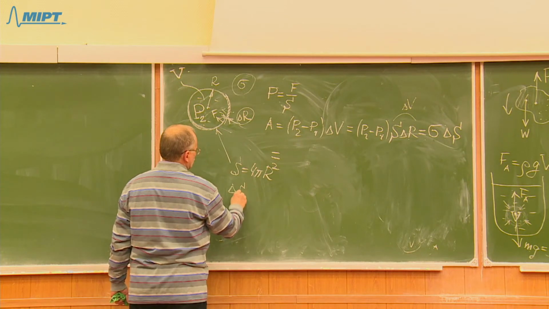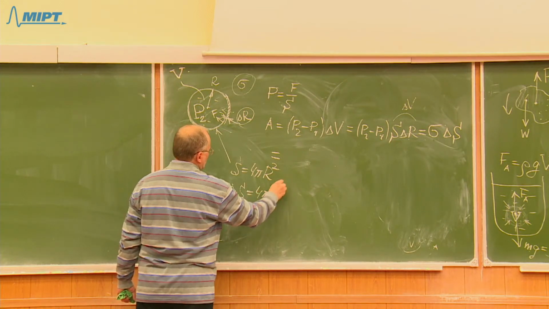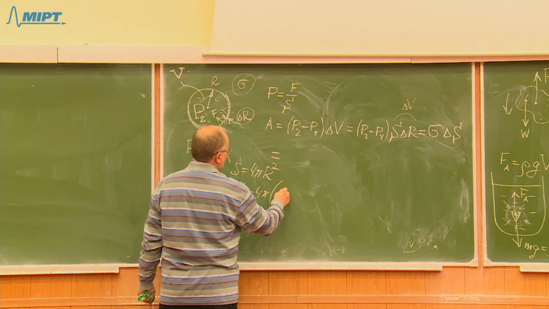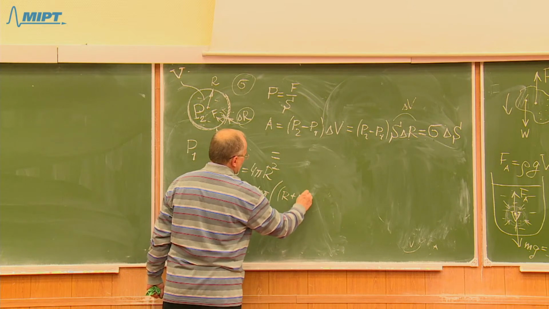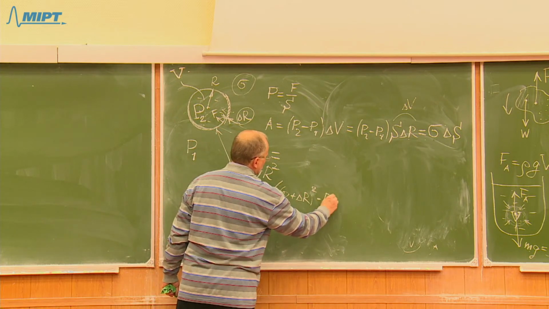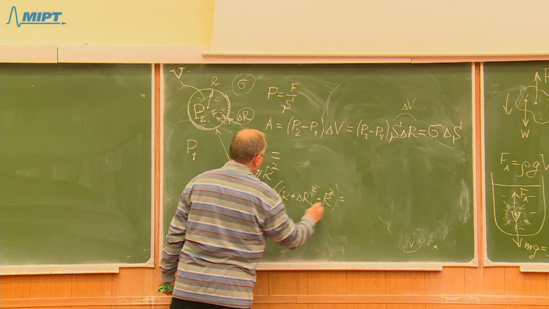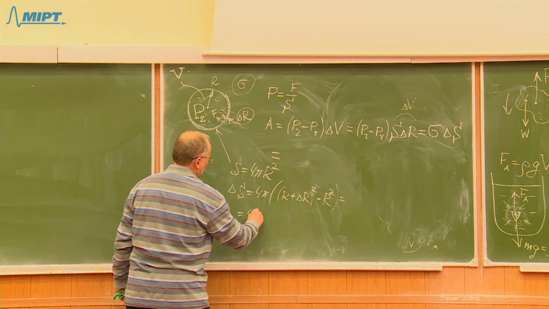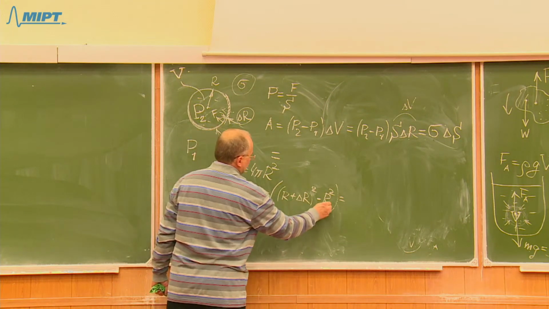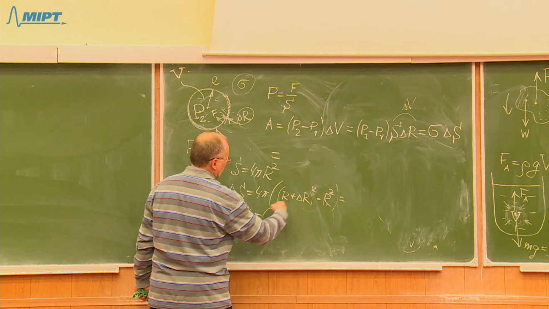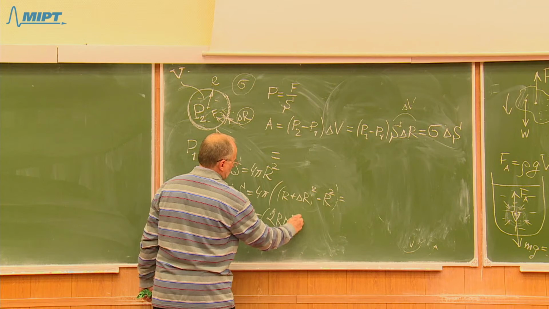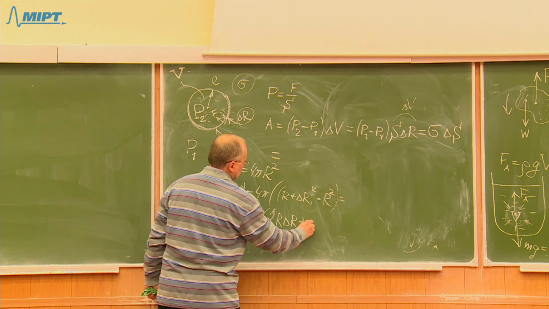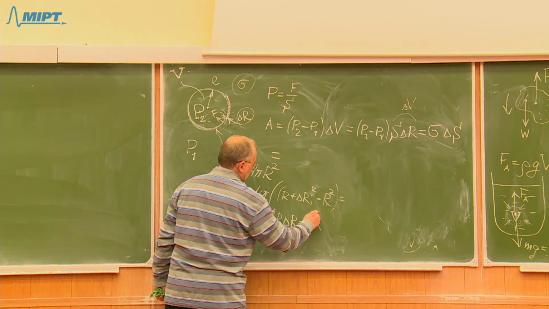So delta S will be 4 pi times the final radius (r plus delta r) squared minus the initial radius r squared. And that will be 4 pi times, r squared will cancel here, and what will remain is 2 r delta r plus delta r squared.